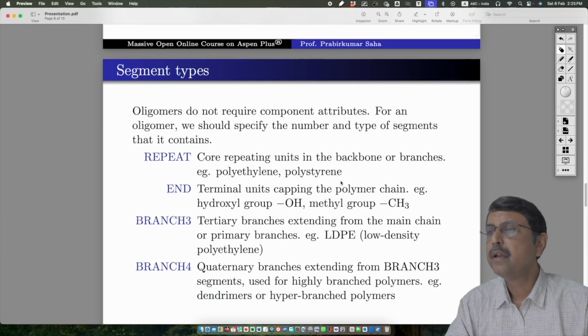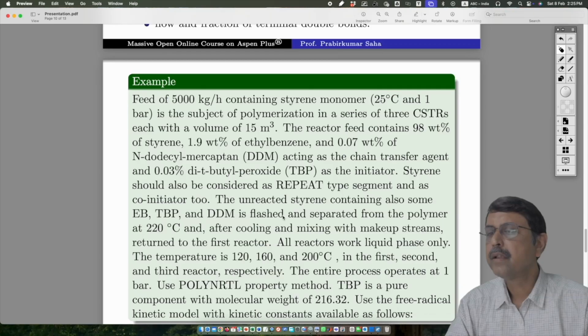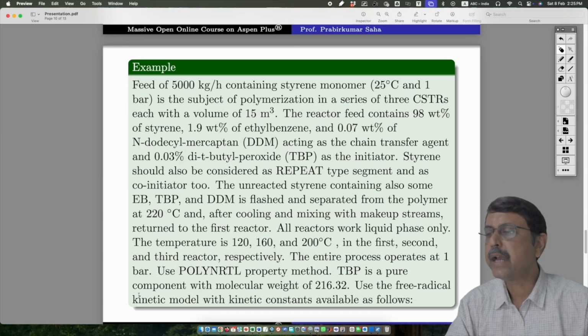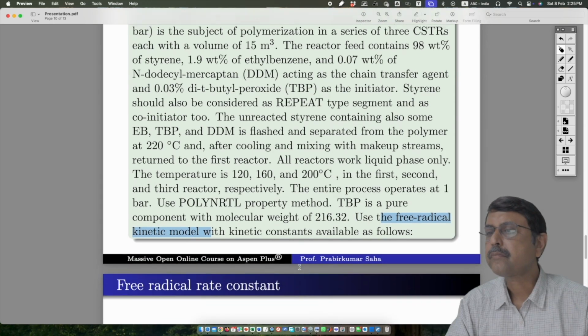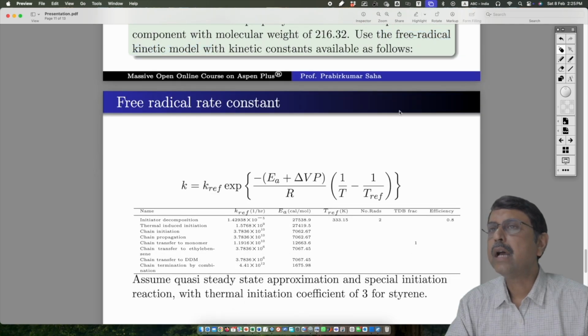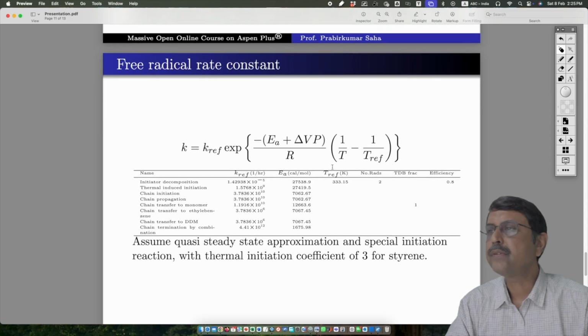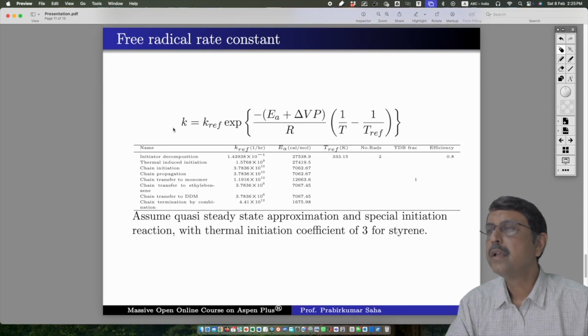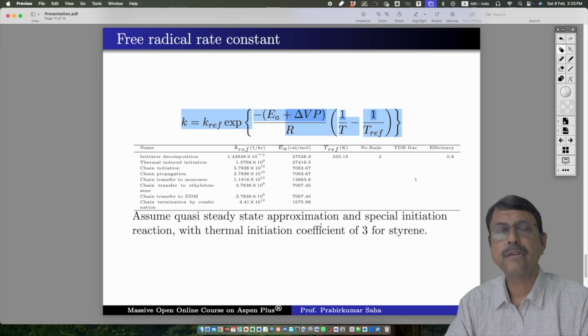So here it is said use free radical kinetic model. As it is a styrene polymerization reaction, we have to use free radical kinetic model. Now the kinetic constants are available as follows. This is the free radical rate constant equation.